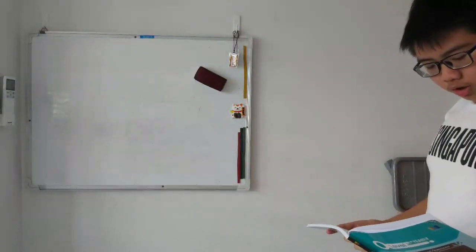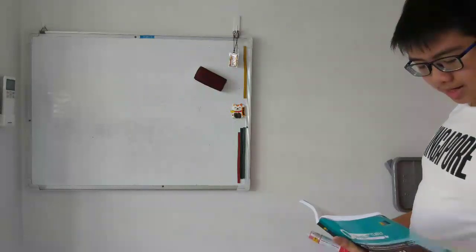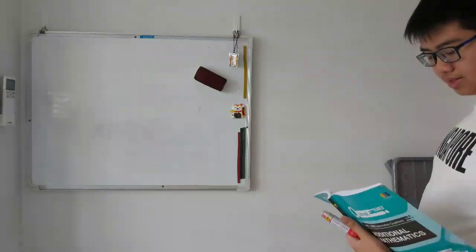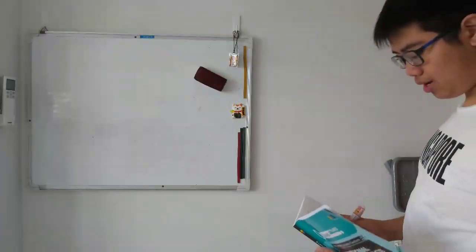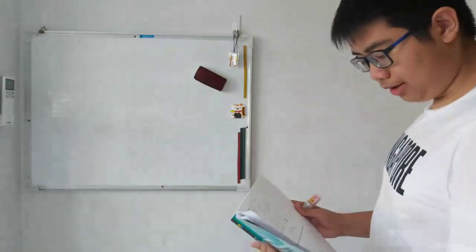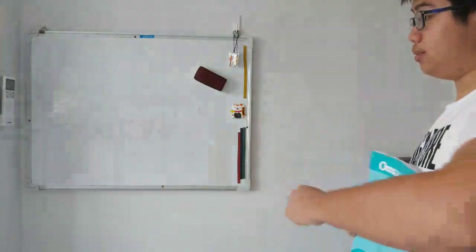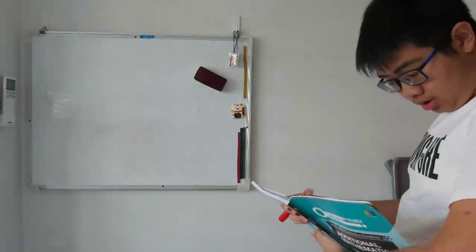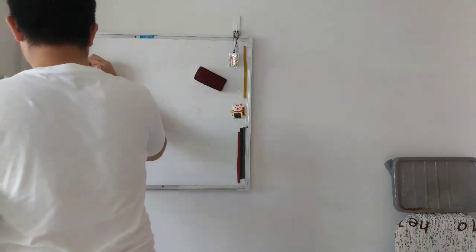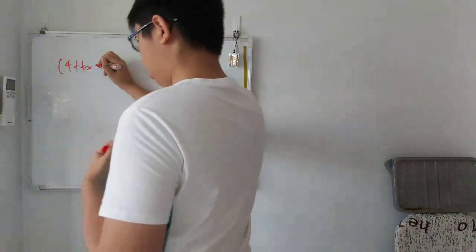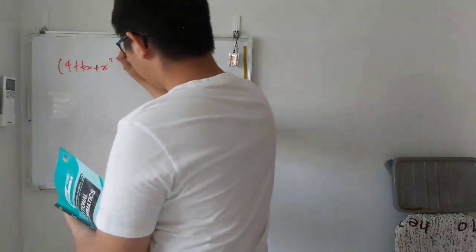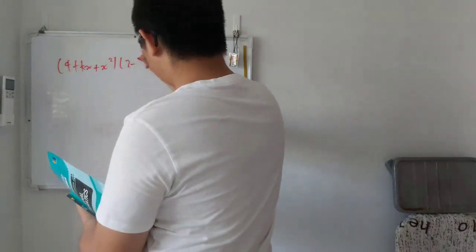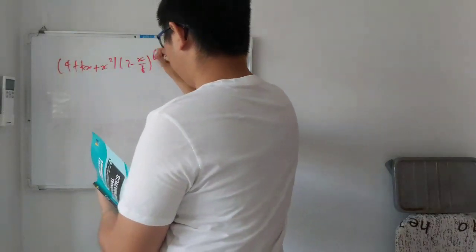In the expansion of (4 plus kx plus x squared) times (2 minus x over 8) to the power of 6, the sum of the coefficients of x and x squared is 0. Find the value of the constant k. Okay, so let me write that again. 4 plus kx plus x squared, times (2 minus x over 8) to the power of 6.